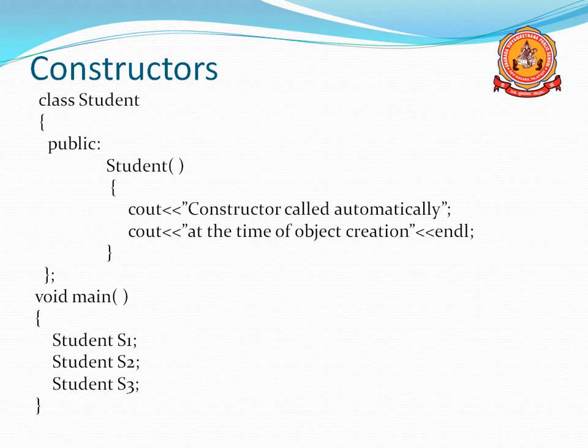At that time also it will call the same constructor and execute it. If you declare one more object, S3, again it will call the constructor Student and execute the same thing. So in this program, the constructor will execute 3 times: first for the S1 object, second for the S2 object, and third for the S3 object.